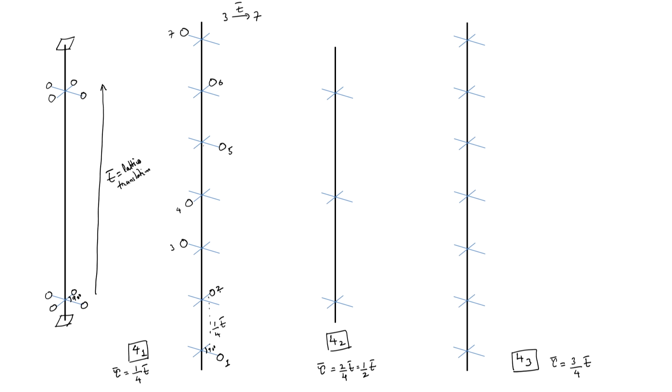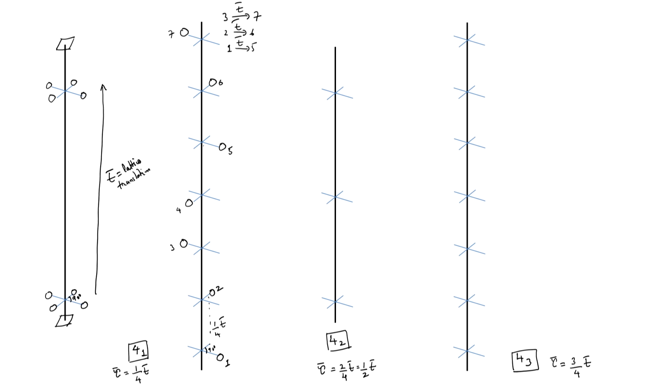If you look at 2 and 6, 1/4, 1/4, 1/4, 1/4, so 2 to 6 is also a lattice translation. Similarly, we have done 3 to 7, we looked at 2 to 6, and 1 to 5 is also a lattice translation. So, this is the 4 sub 1 screw axis.